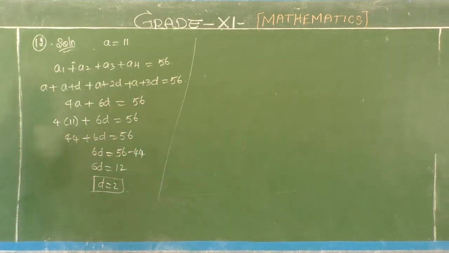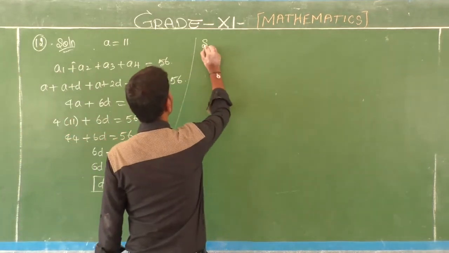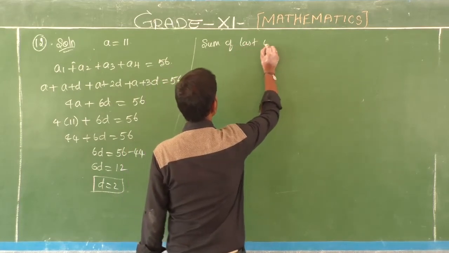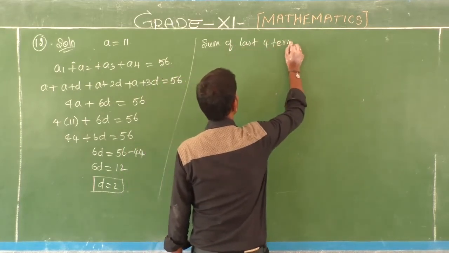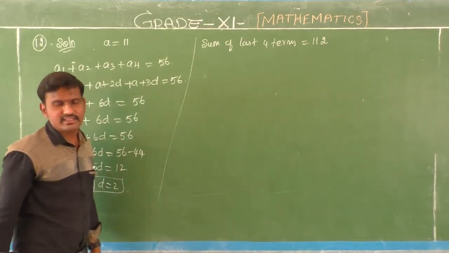Now what am I going to find? The number of terms, from the sum of the last 4 terms, which is also given. So this is very important. Stay present. The sum of the last 4 terms is given to you: 112. Yes, 112.